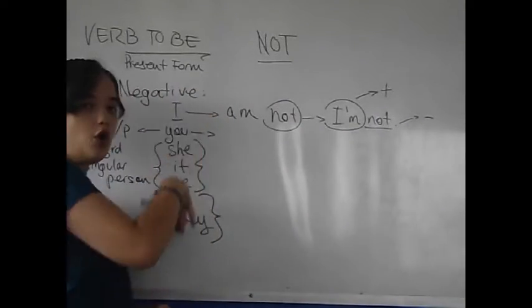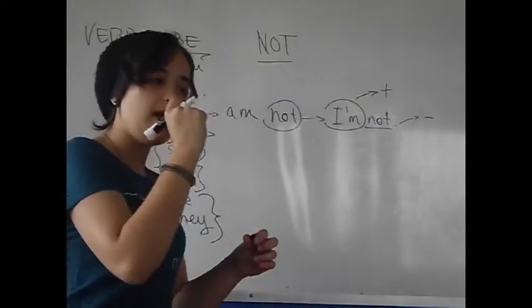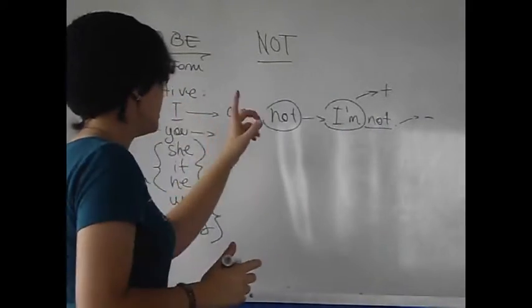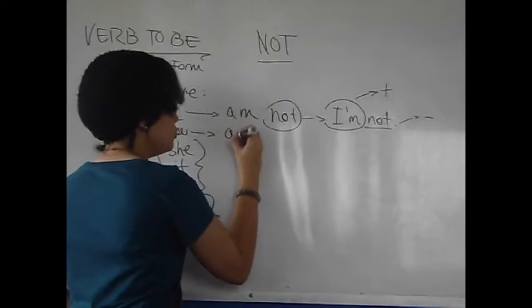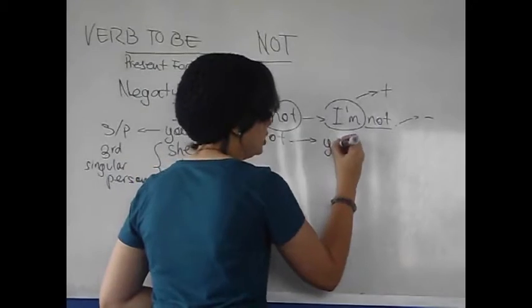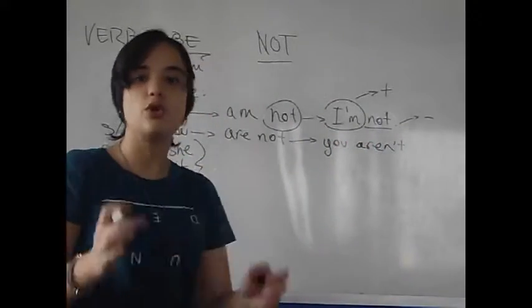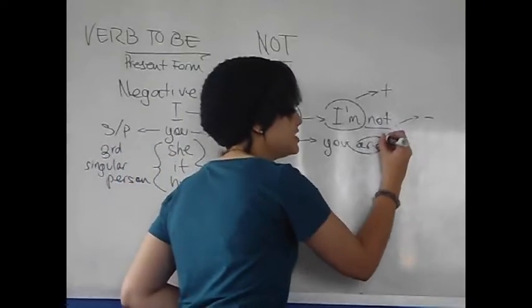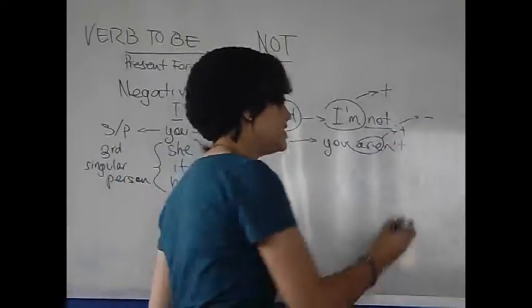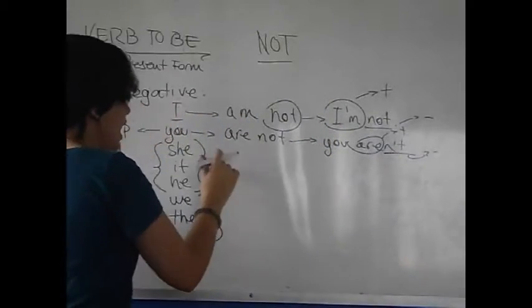Otherwise, these other personal pronouns can have these contractions made primarily in the negative form. So we have you are not, and the contraction will be you aren't. This case is totally the opposite. We have the positive form in its natural state, and the not contracted. Okay? Same happens with these ones.